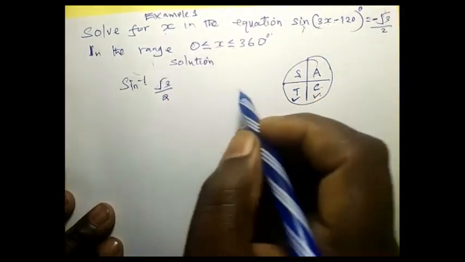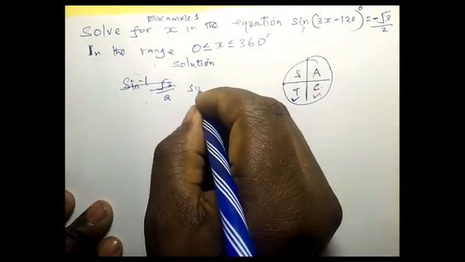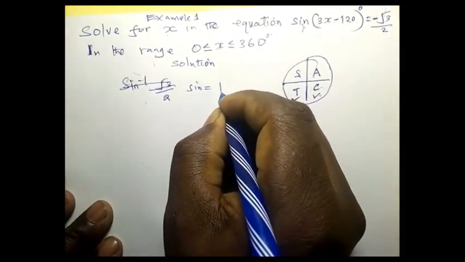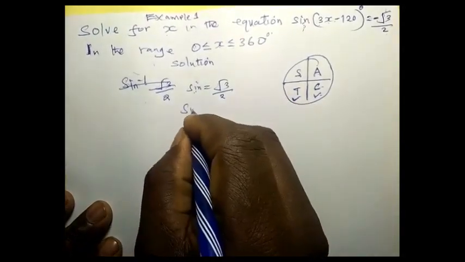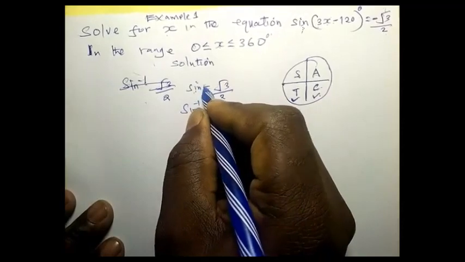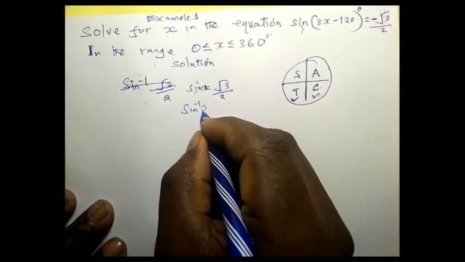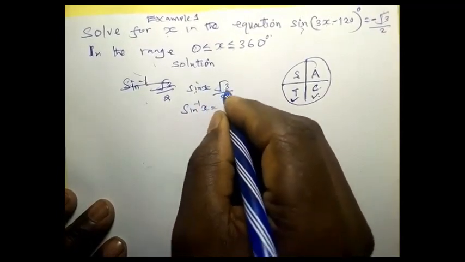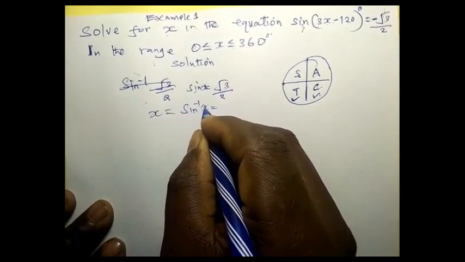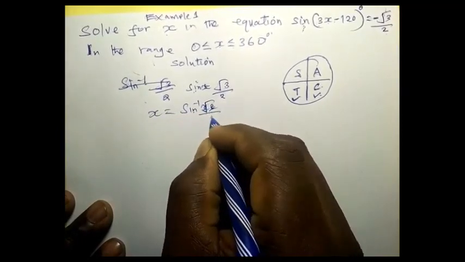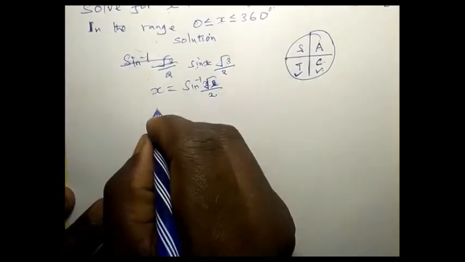So let us find the angle. How do you get the angle? If sine x equals √3/2, then to get the angle it is sine inverse of √3/2.